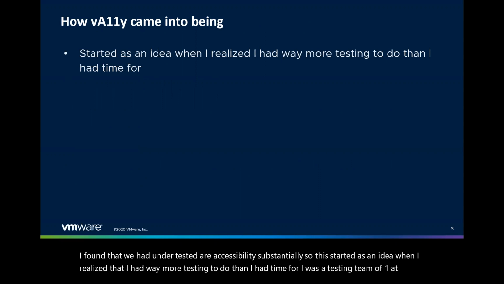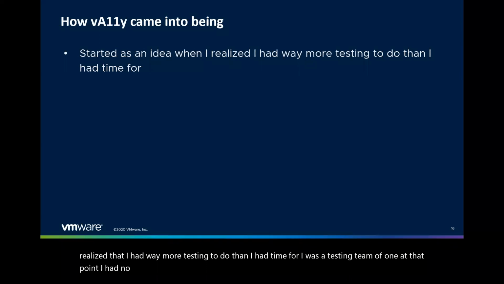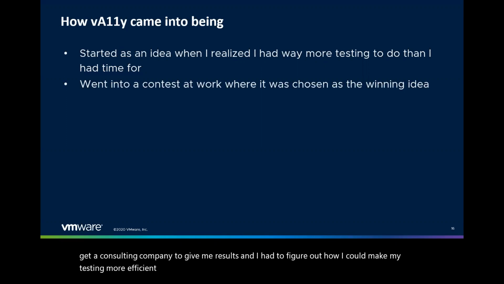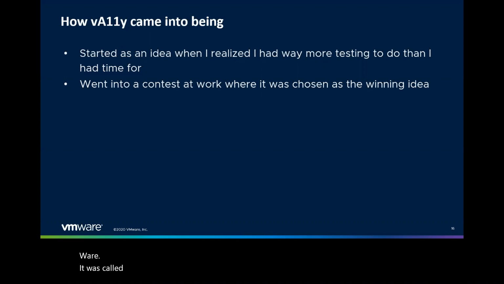I had no budget, so it wasn't really possible for me to write a 6-figure check to a consulting company to give me results. I had to figure out how I could make my testing more efficient and get more things done faster. So I entered it into a contest at VMware called the CPBU Pitchathon. CPBU stands for Cloud Platform Business Unit. We call our divisions at VMware business units.